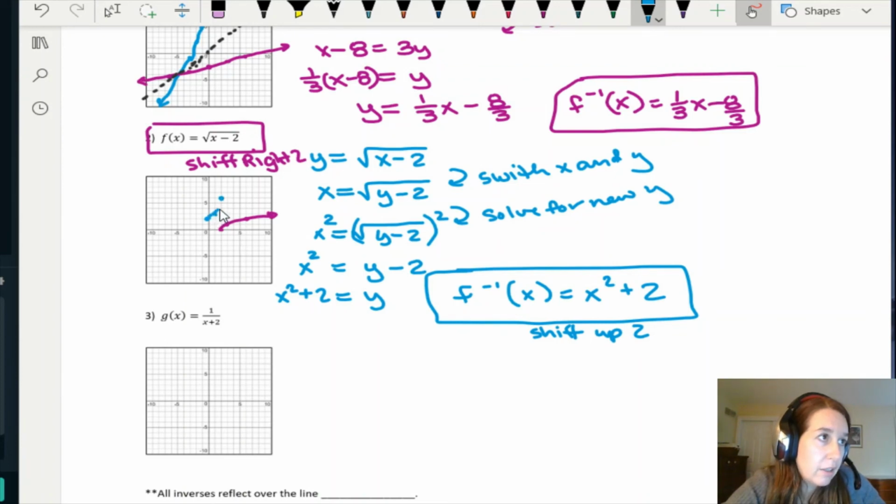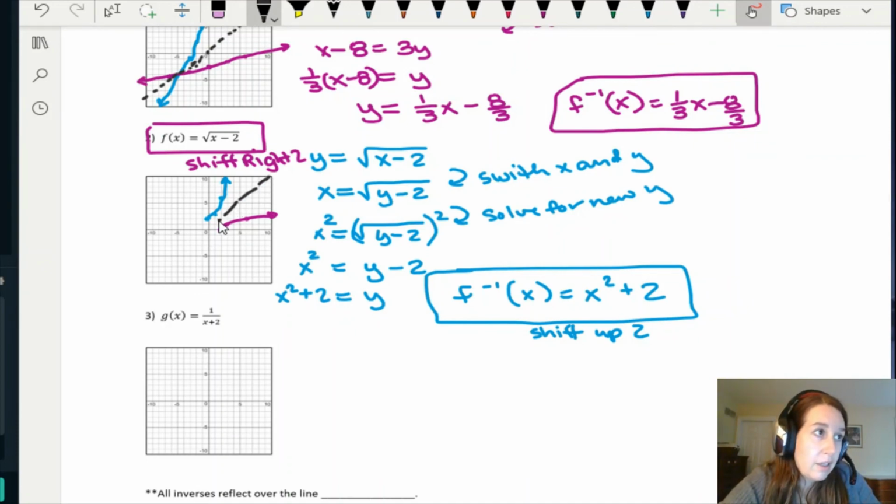Okay. This is my inverse graph, right? But notice that x squared plus 2 would also be over here. But that is not part of the inverse because it doesn't line up. It's not the inverse of square root x minus 2. Only this portion is.